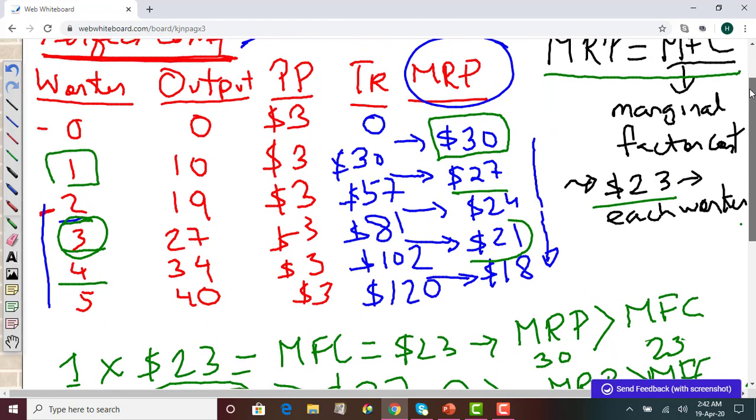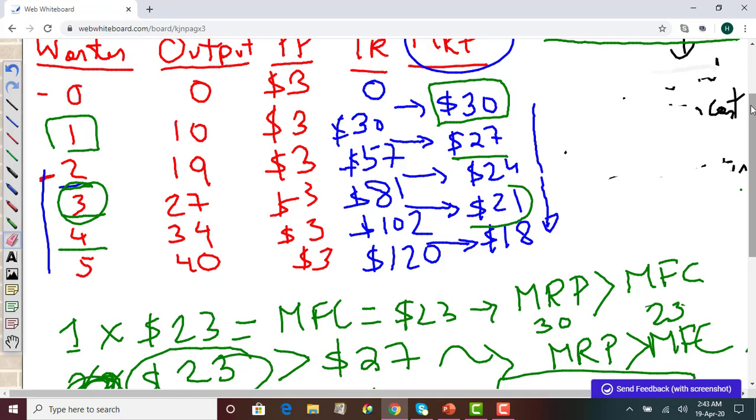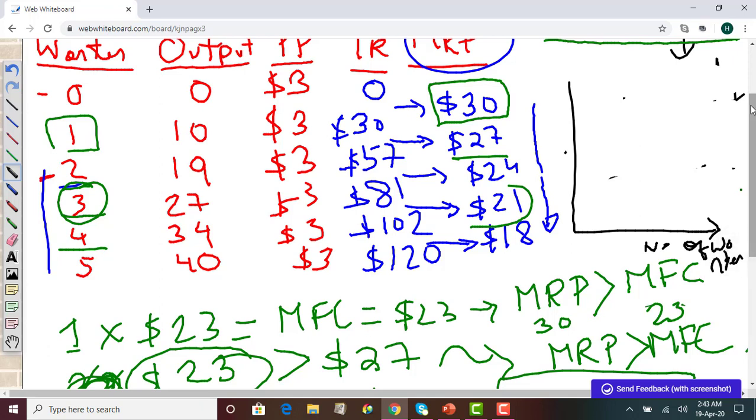Another thing we have to do based on this information is draw a graph. On the x-axis we will have number of workers or labor, and on the y-axis we will have MRP. Let's say in between 0 and 1, which is 0.5, we have 30.